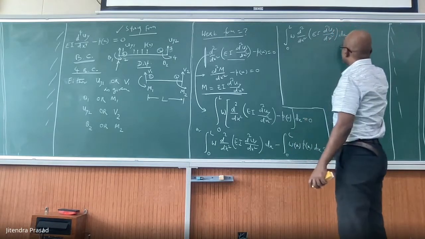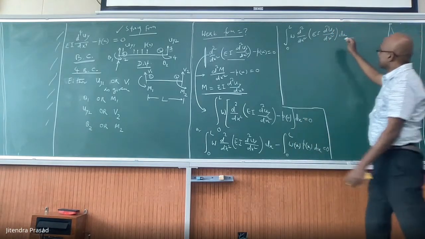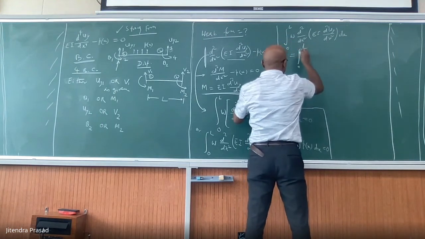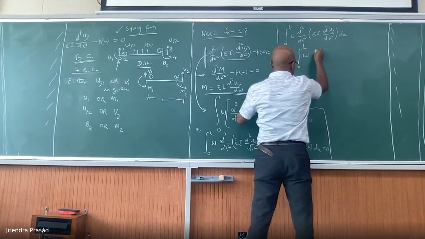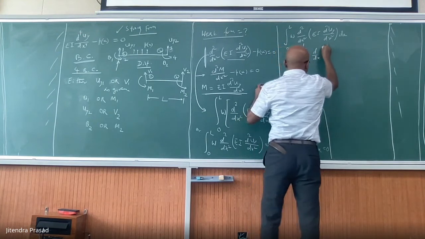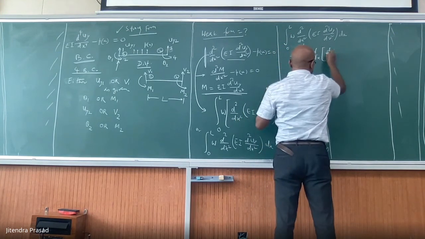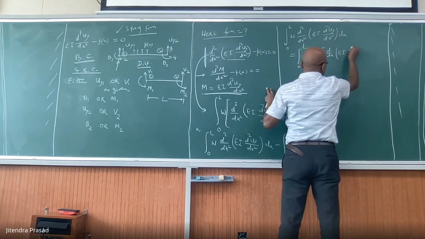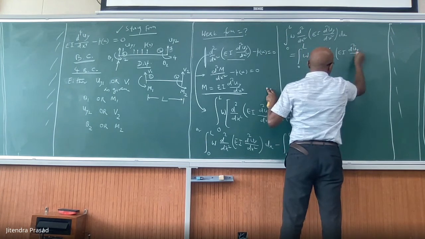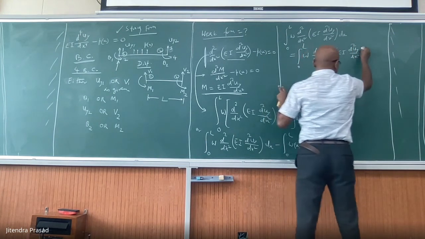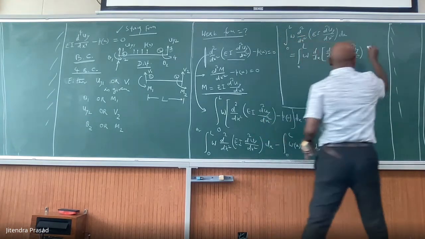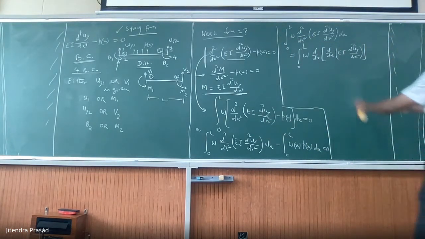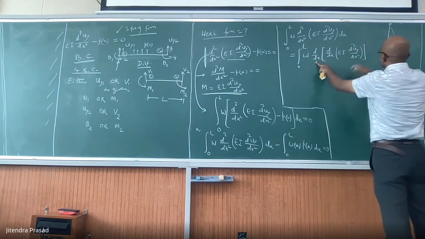Okay, so once you have this one, as I wrote earlier, you will simplify it as W, d over dx, again d over dx, and you will write EI d square uy over dx square.